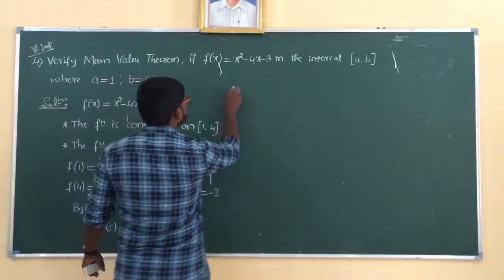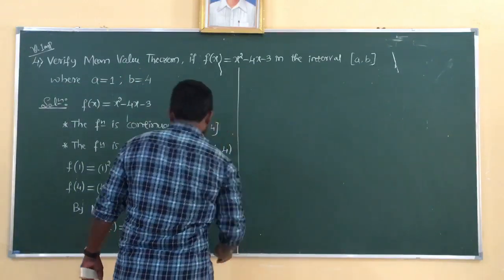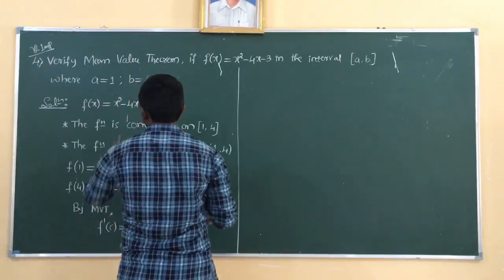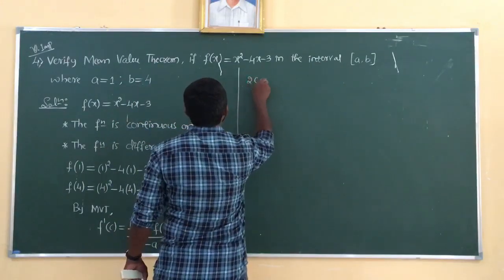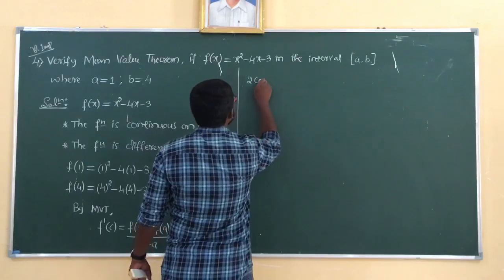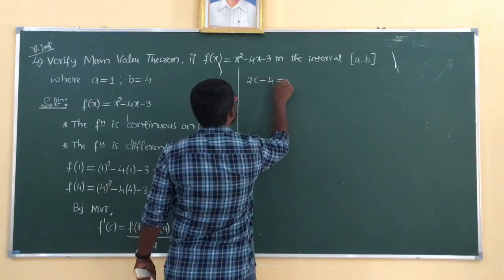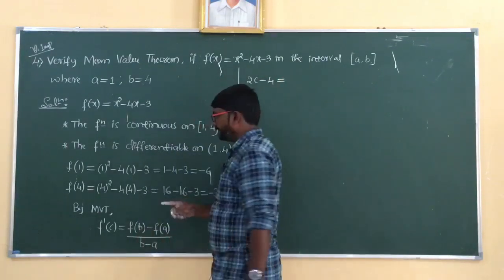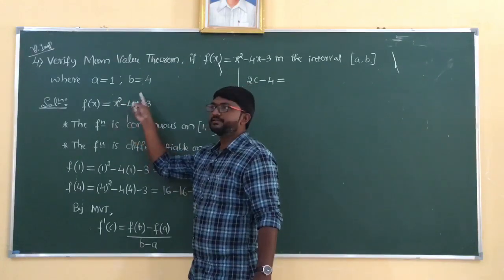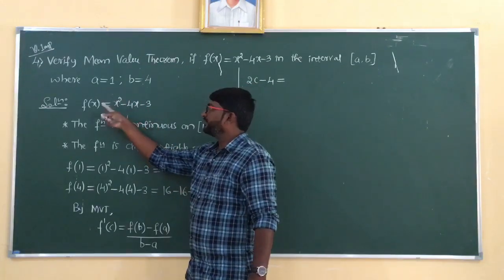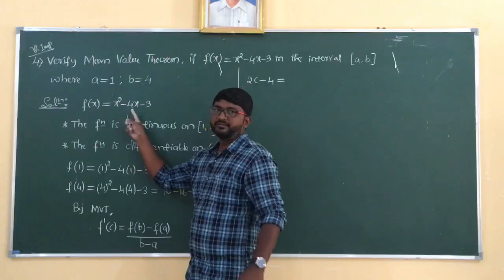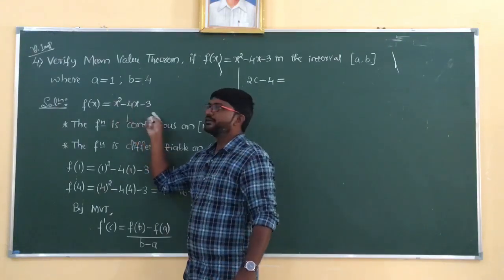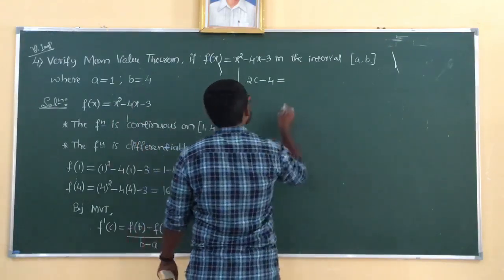So now, what is f dash of c here? It is 2c minus 4, since f dash of x is equal to 2x minus 4, f dash of c will be 2c minus 4.